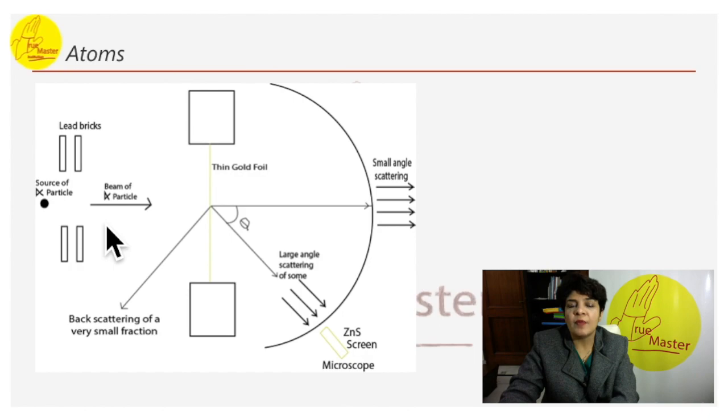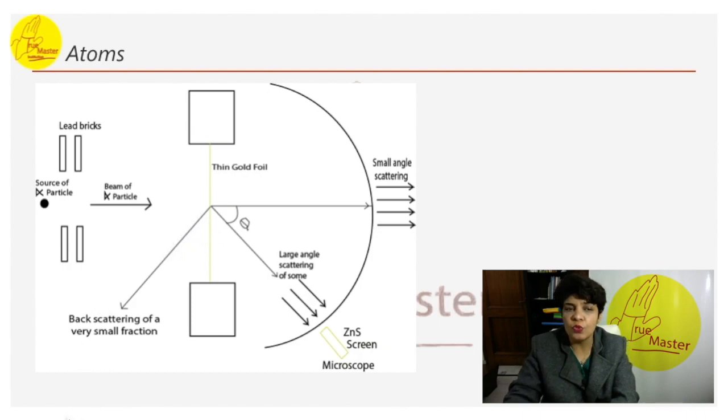So some of them may see repulsion. Some of the alpha particles will go straight, some will stop at a certain distance, and some will turn and go back by 180 degrees.